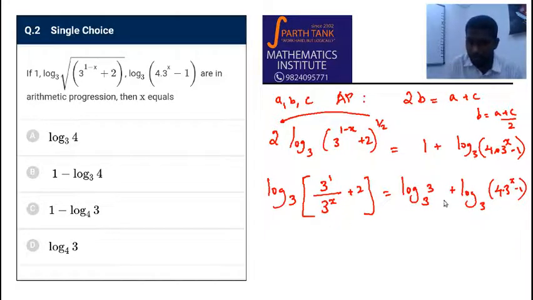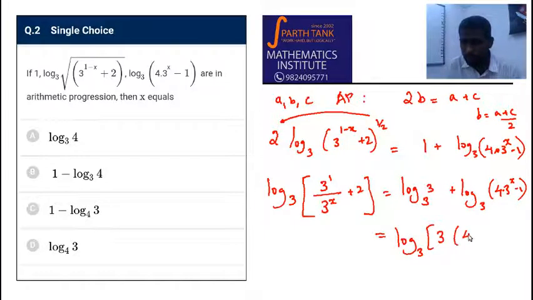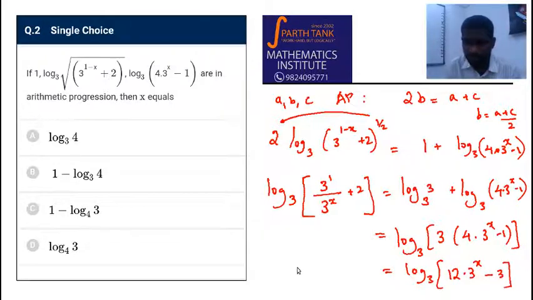Now the addition of logarithms is a product, right? So 3 into 4 times 3 power x minus 1, which is log of 3 times 4, that is 12, into 3 raised to x minus 3. So I have log of (3 by 3 raised to x plus 2) base 3 is equal to this.